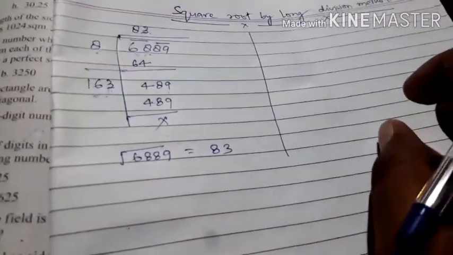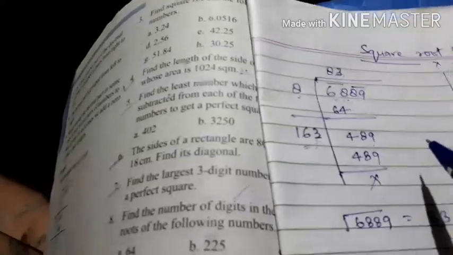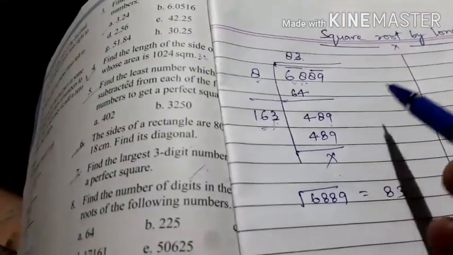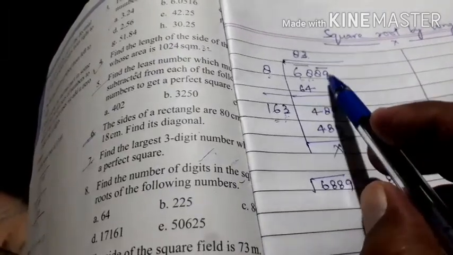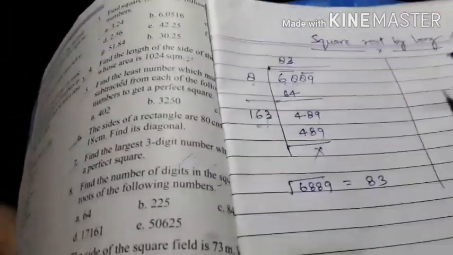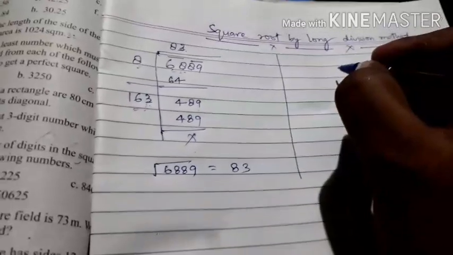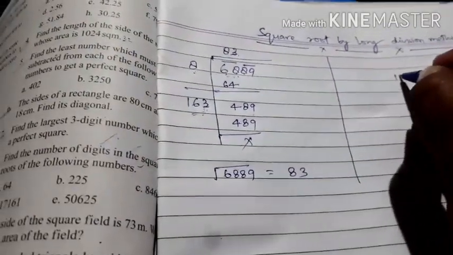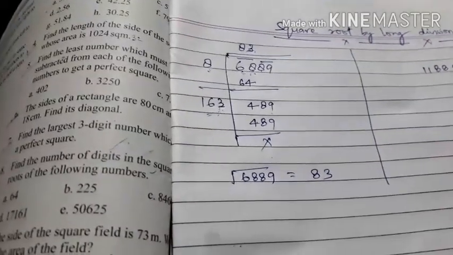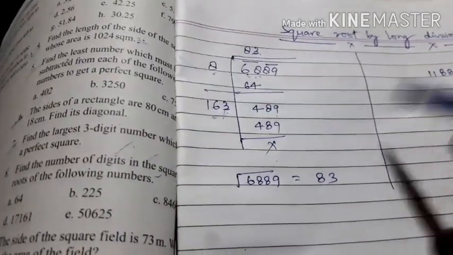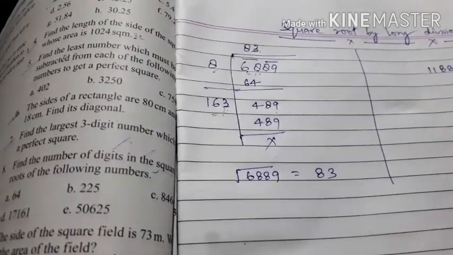Next, there are two types of questions. First, where the number of digits is even. Second, where the number of digits is odd. Suppose 11881. Here we have an odd number of digits. So a similar process will be used.